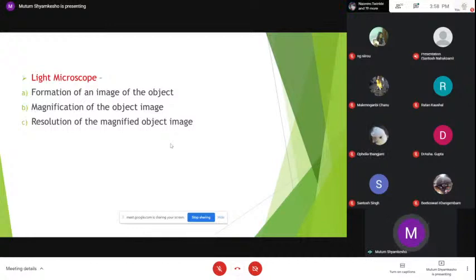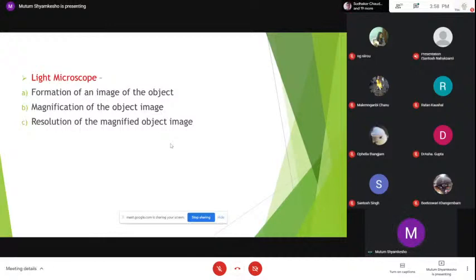The magnified image without resolution is known as empty magnification, and thus when a magnified image is observed by human eyes, it should be identifiable, and the details of the image of the object should be resolved. Thus, the resolution or resolving power of the microscope is also a very important function of the microscope.